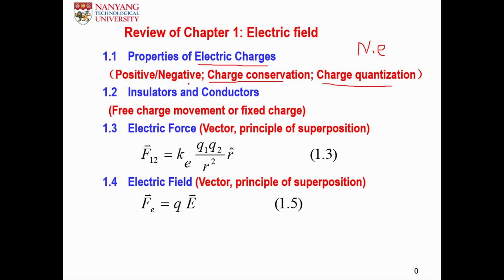On the other hand, an insulator means the charge is spatially fixed in the material and cannot move from one point to another. This is the difference between insulator and conductor. Of course, semiconductor is something in between, but most of the time the situation we are going to handle is just insulator or conductor.